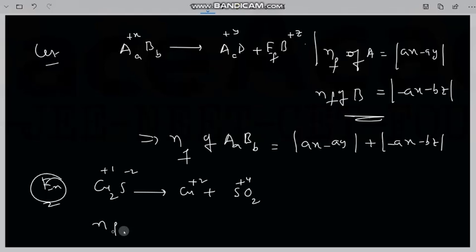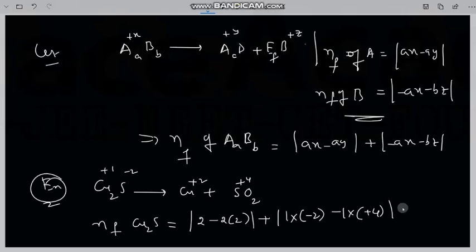In this reaction, if you want to find the n factor of the entire compound cuprous sulfide, it will be equal to 2 into 1, since A is 2 here for the reactant, minus 2 into 2, modulus, plus 1 into the modulus of minus 2 minus 4, the oxidation state of sulfur being plus 4 in the product. Do you understand how this value came?